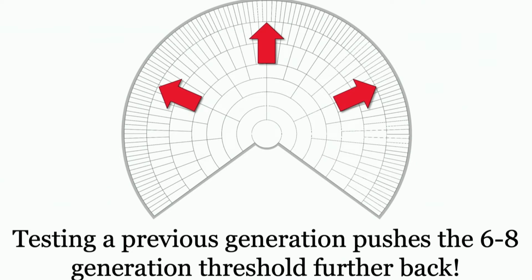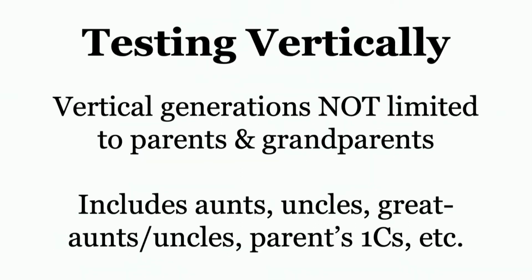Now, when I say test vertically or test a previous generation, people often automatically go to parents and say, nope, no parents, so I'm done. But that's not the only people you have in a previous generation, right? You could have aunts, uncles, all kinds of other relationships. The most successful previous generation I tend to find is in the area of first cousins and second cousins to your parents.